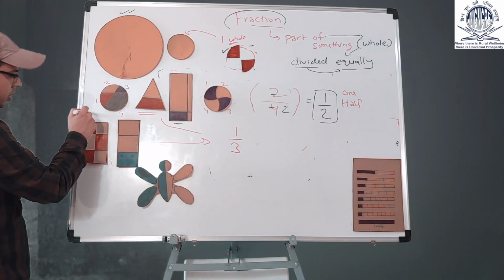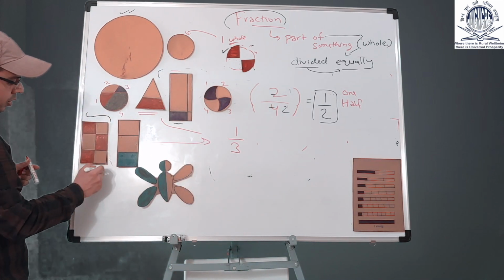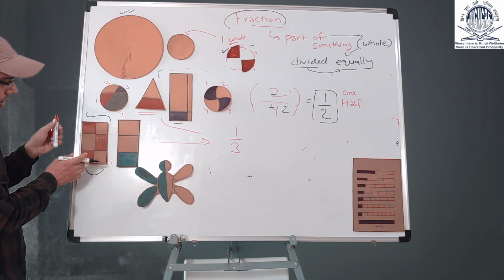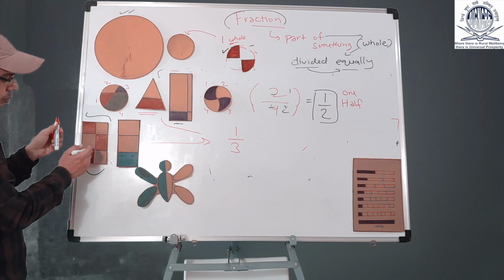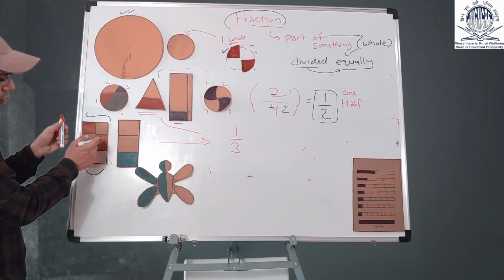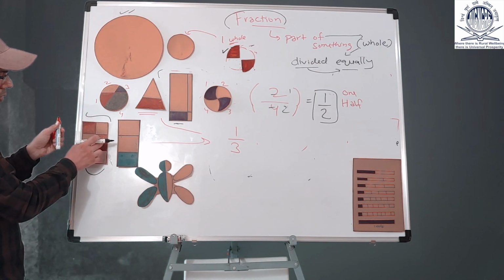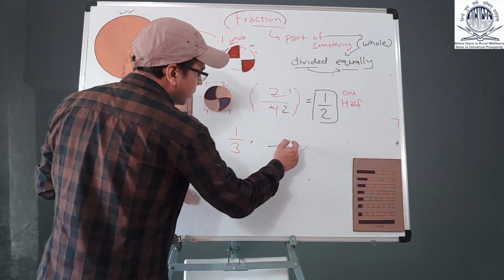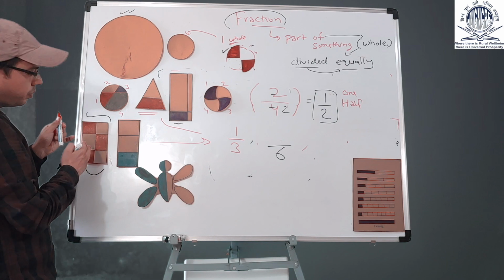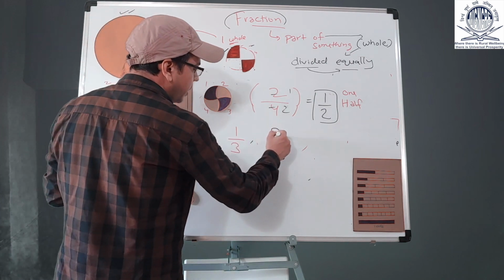And what about this last picture over here? When we see, it has been divided into 3 brown pieces or brown parts out of a total of 2, and 2, 4, and 2, 6. So in total we have 6 and we have 3 brown parts. So I'll say, okay, it's being divided into 3 out of 6.